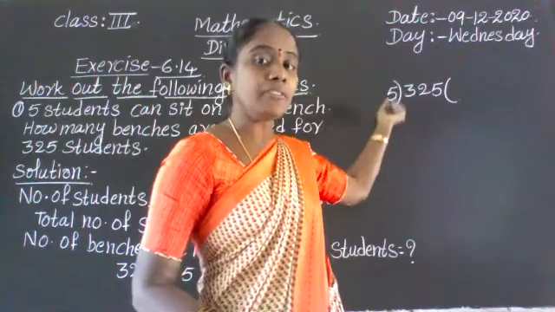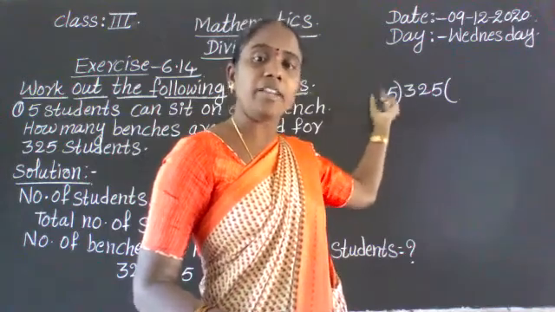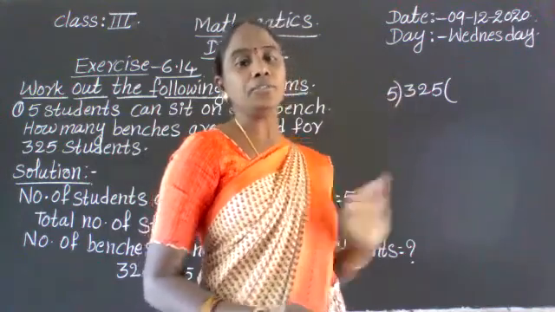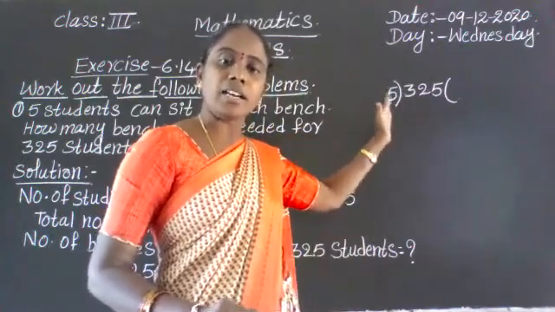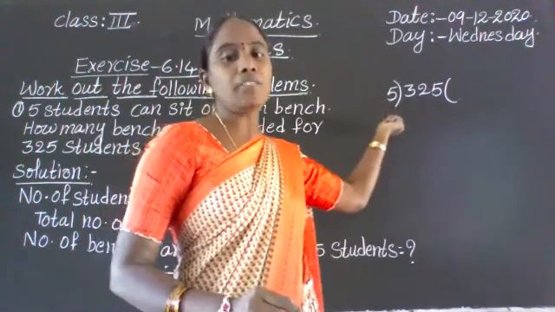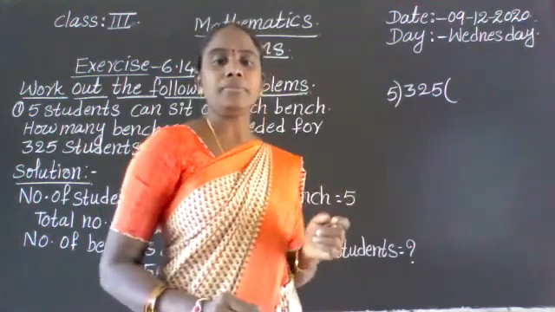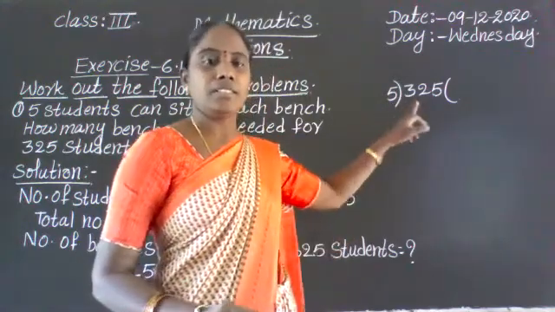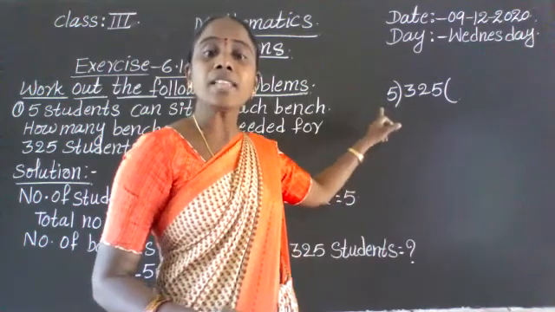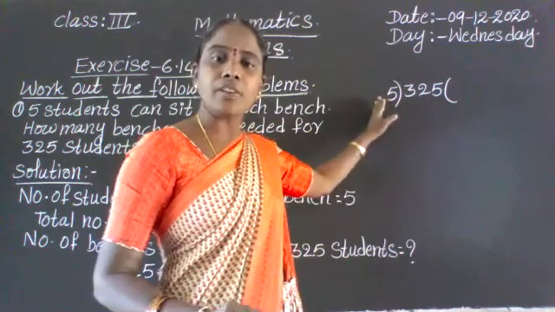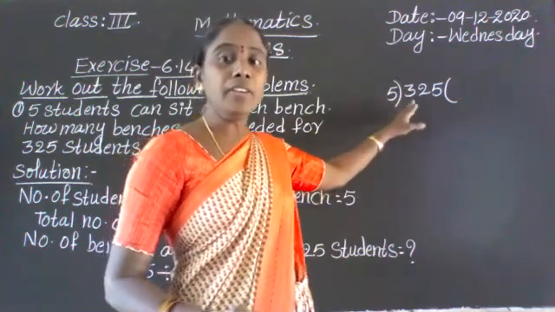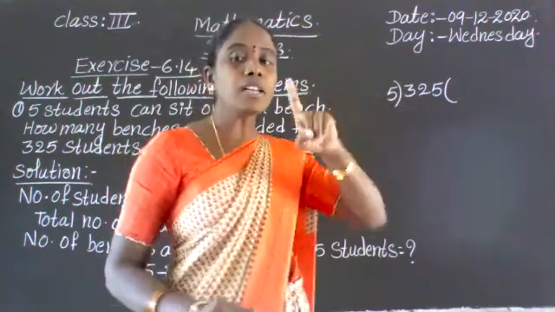Is 3 less than 5, greater than 5, or equal to 5? Yes, 3 is less than 5. In the dividend, the first number is smaller.